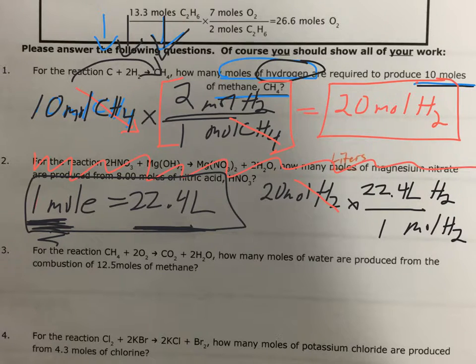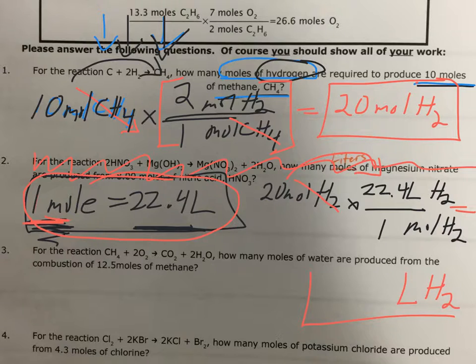So now, you're going to do 20 times the 22.4, divided by 1. What is my liters of H2? Where'd you get the 1 mole of H2? From your conversion, 1 mole equals 22.4 liters. No, the 1 mole H2. Right, this is from your conversion.